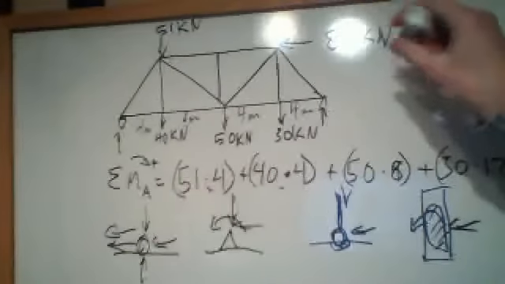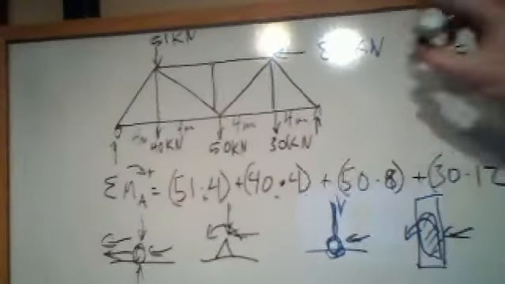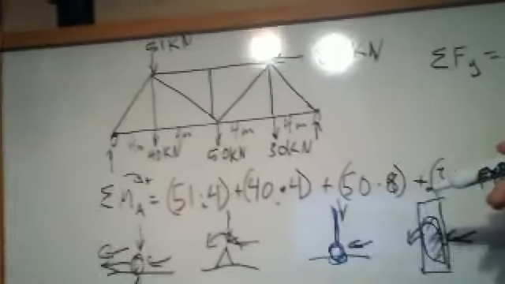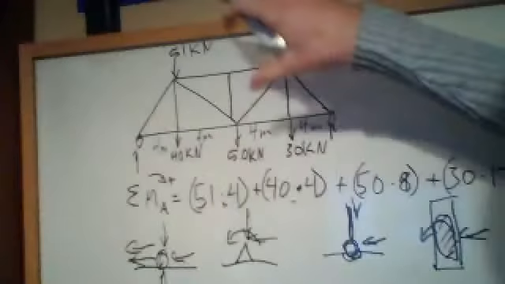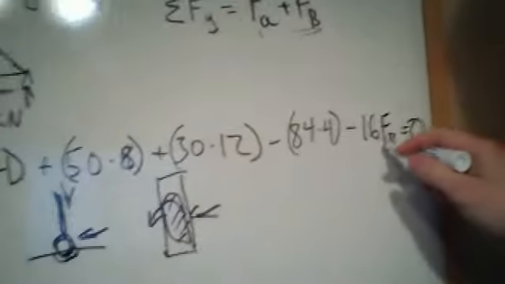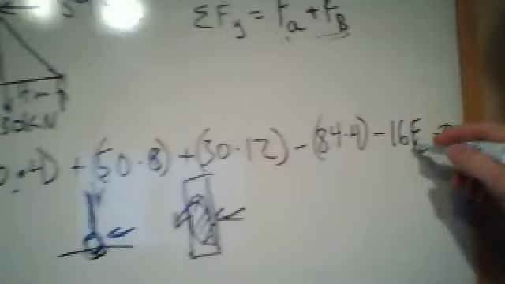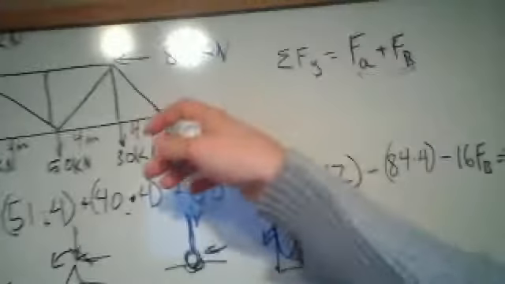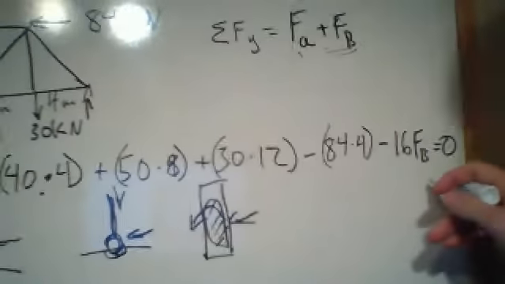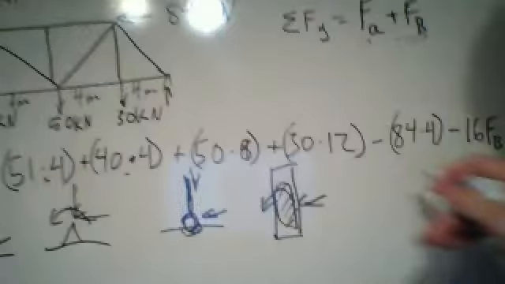A force this way is going to torque your whole system up and around counterclockwise rather than clockwise like all these others. And then we have our negative 16 FB, because it's 16 meters to the left and it's force B.